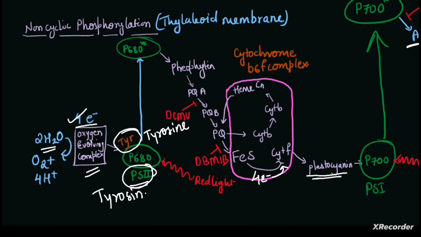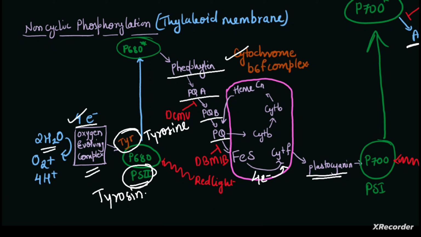Now from here the electrons will be passed on to pheophytin. Then it will be passed on to plastoquinone A, plastoquinone B, plastoquinone. This is the series of molecules which show you the relay race of the electrons, and then this is received by FeS, that is the iron sulfur center of cytochrome b6f.